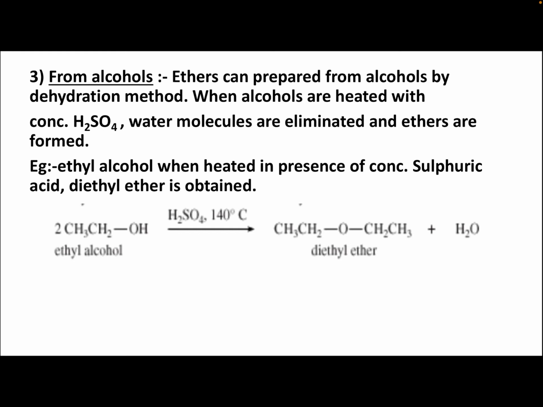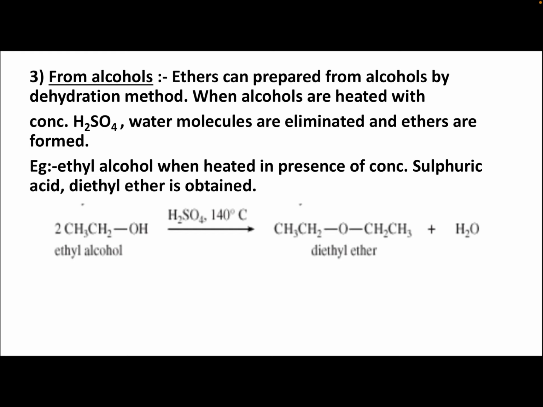Next method is from alcohol. Ethers are prepared from alcohol by dehydration method. Dehydration means removal of water molecule. When alcohols are treated with concentrated H2SO4, water molecules are eliminated and ethers are formed. Example, ethyl alcohol when heated in presence of concentrated sulfuric acid gives diethyl ether.